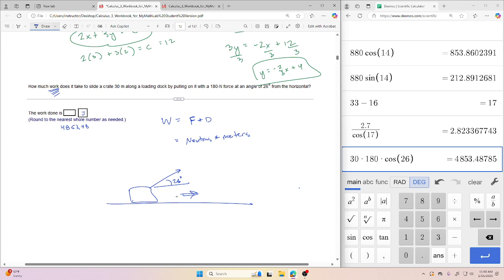That's the work that'll be applied. So I'm only looking at the x component here. And of course, we know that x is equal to r cosine theta, from earlier. If I take that as my distance, and then I say force is going to be something or other, then we should be good to go. At least that's what I'm thinking.